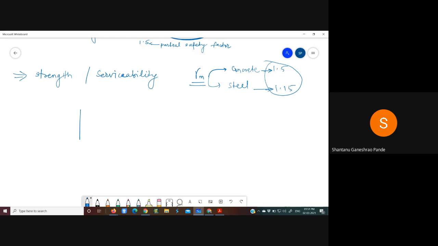So if I draw the strain diagram, for concrete this top portion will be in compression, and this gives you an idea about strain in concrete.